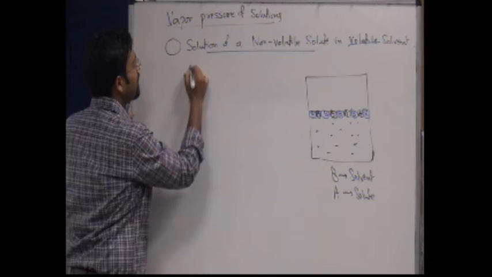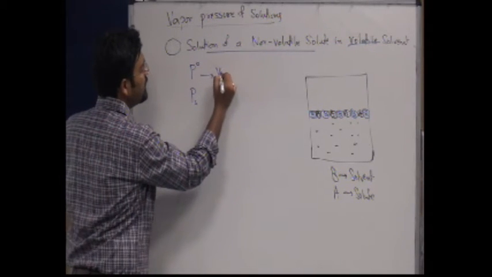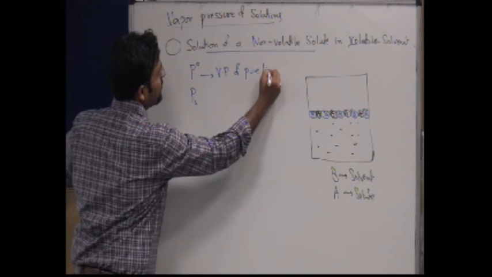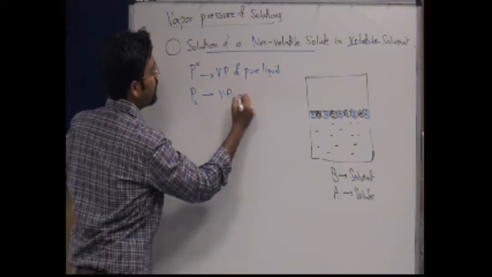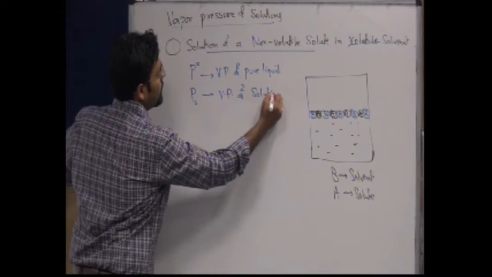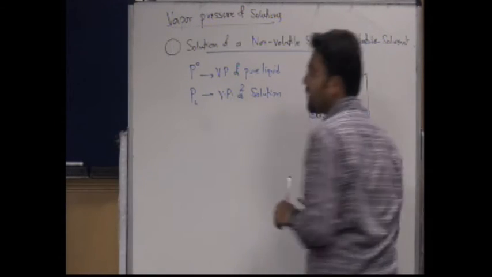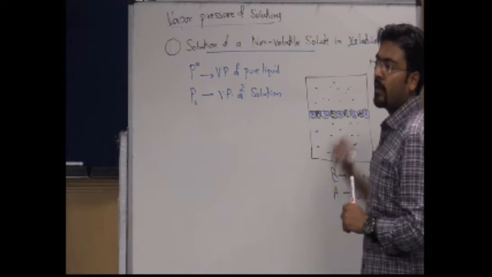So if I consider two standard terms which we use very frequently, P naught and PS: P naught is the vapor pressure of the pure liquid. Here your liquid is B, and PS is the vapor pressure of the solution. So what you are doing is that you had a container, you had only B, you measured the vapor pressure here, right?